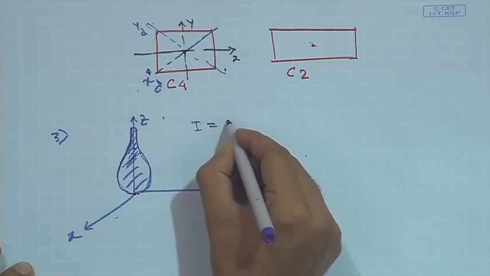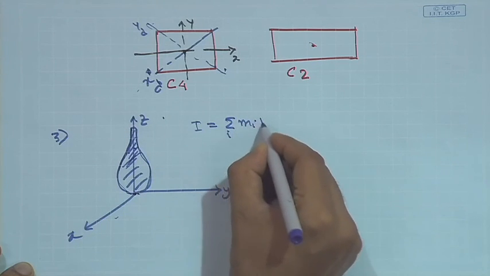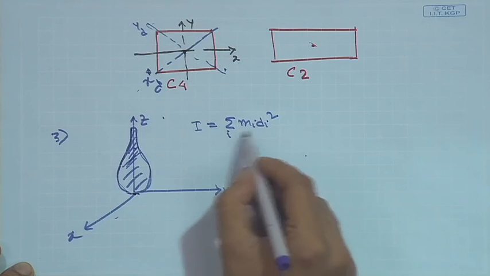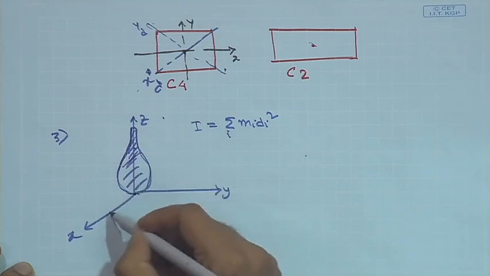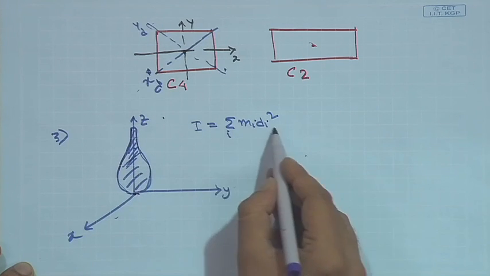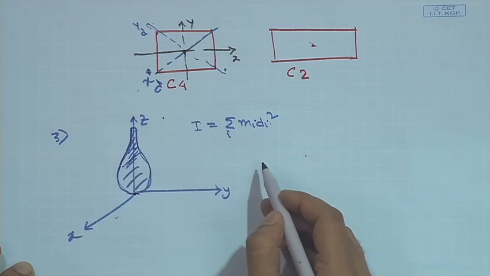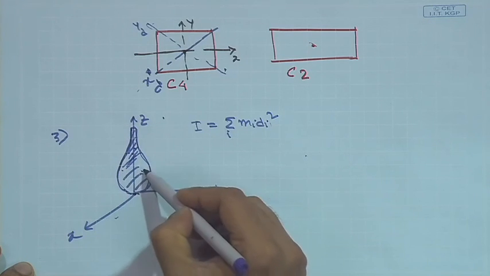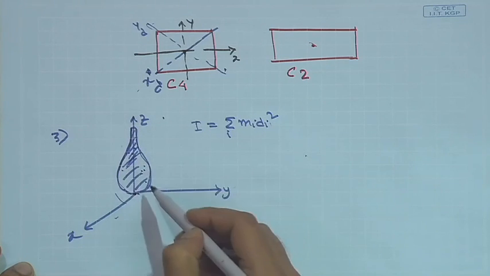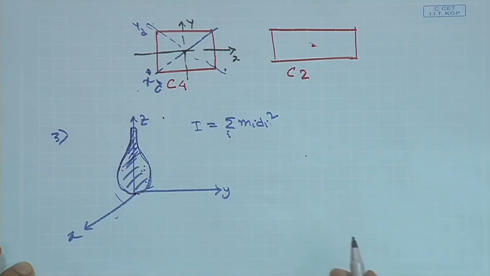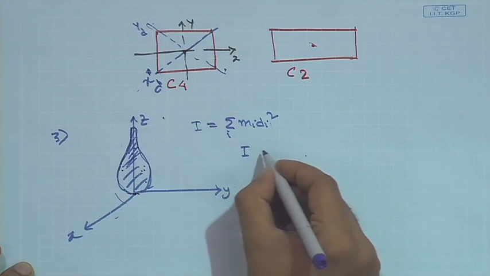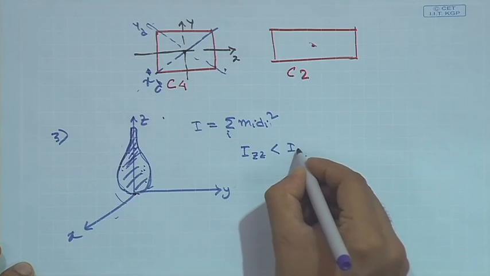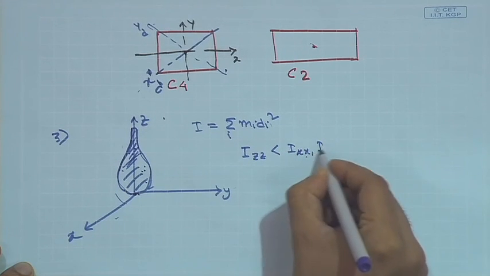What is I? I is the sum over i of m_i d_i squared. So, if a mass is located far away from a particular axis, for that axis I will gain more moment of inertia. So, for the z axis the average distance of mass points on this system is less compared to any other two axes. So, just by symmetry of the problem, I can say that Izz is less than both Ixx and Iyy.